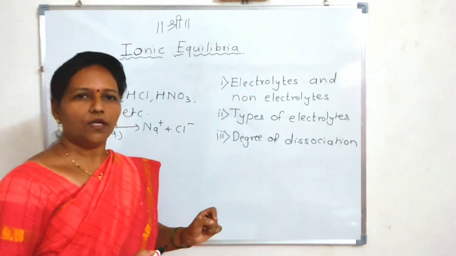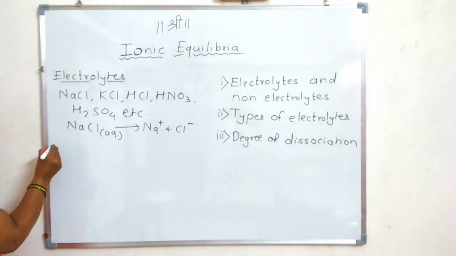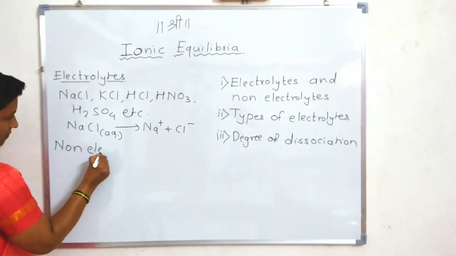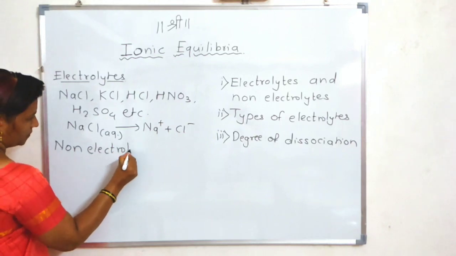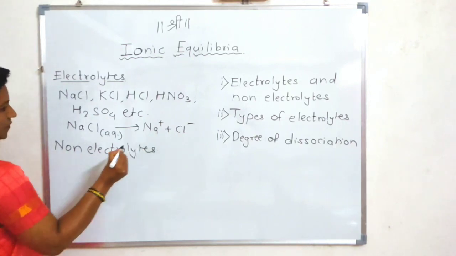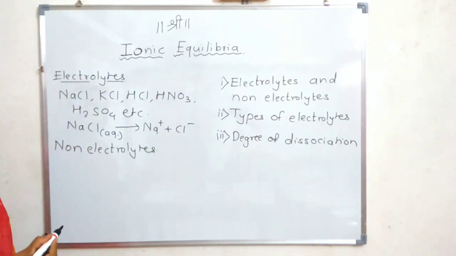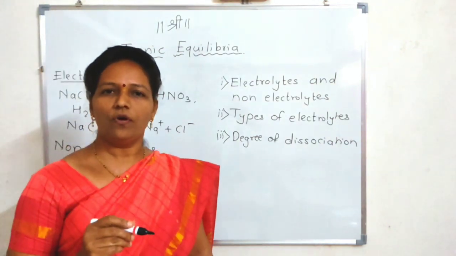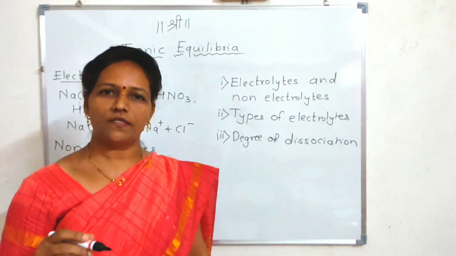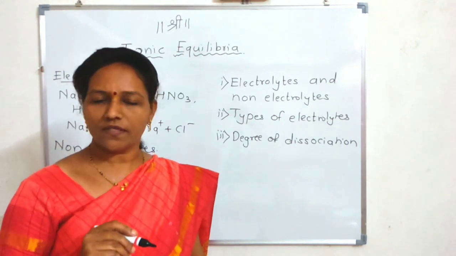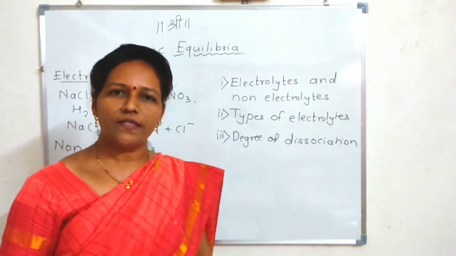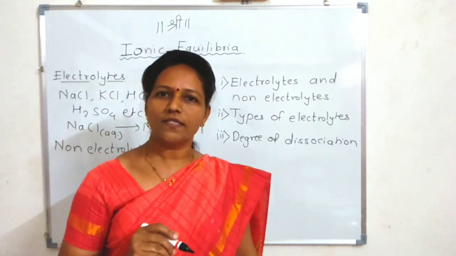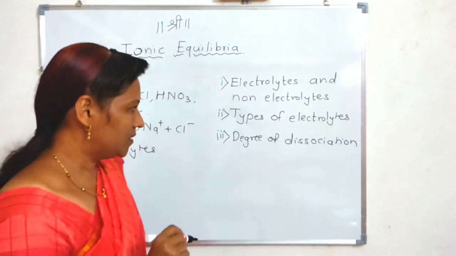Then what are non-electrolytes? Non-electrolytes are the chemical substances which do not give rise to ions in aqueous solution, or the substances which remain as they are in aqueous solution. These are called non-electrolytes.